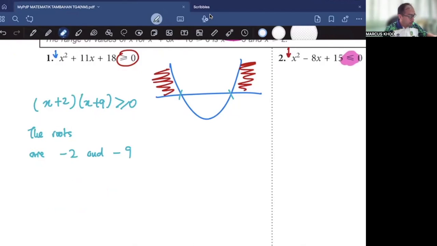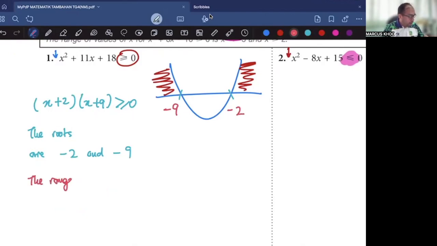Okay, so now if it is -2 and -9, your job now is which number is on the left-hand side of this graph and which number is on the right-hand side. Okay, this is very easy logic. Okay, -9 is less, so -9 is sebelah kiri and -2 is on the right. Okay, so what is the range of values?